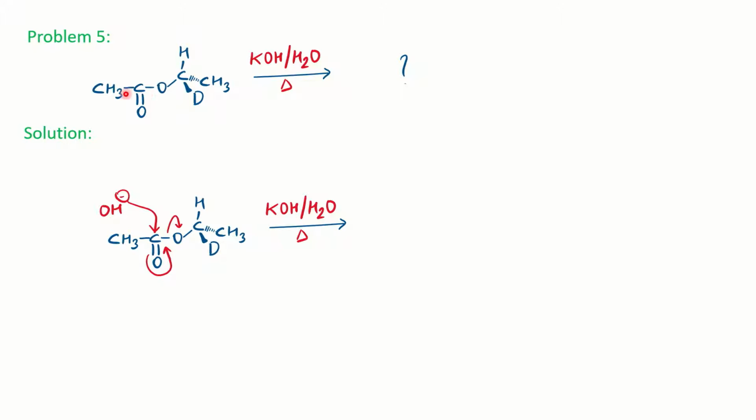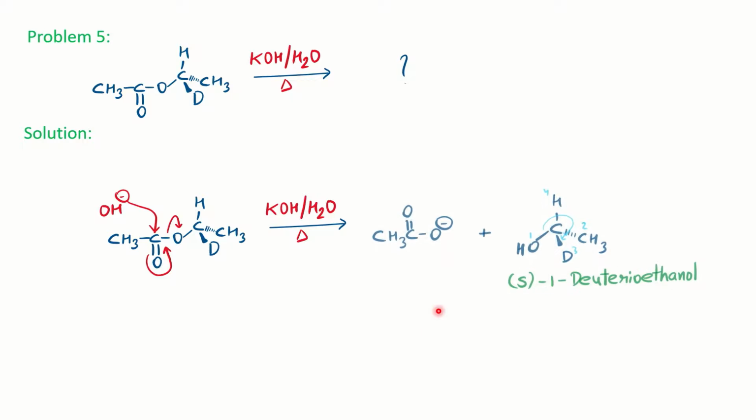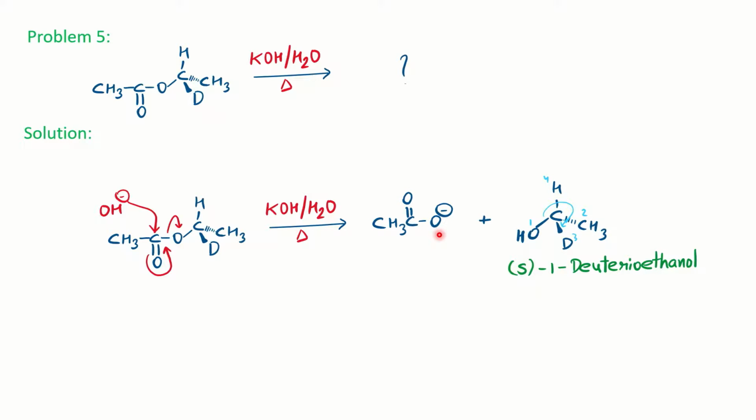And on both sides, you don't have bulky group, so the tetrahedral mechanism is easily possible. So the base will act as a nucleophile, will attack on the carbonyl carbon and form the salt and alcohol.